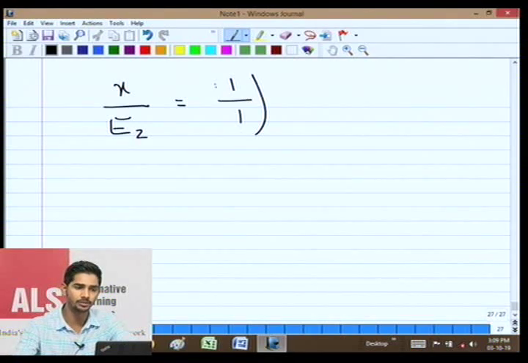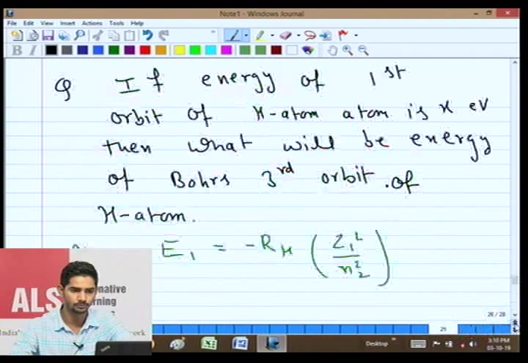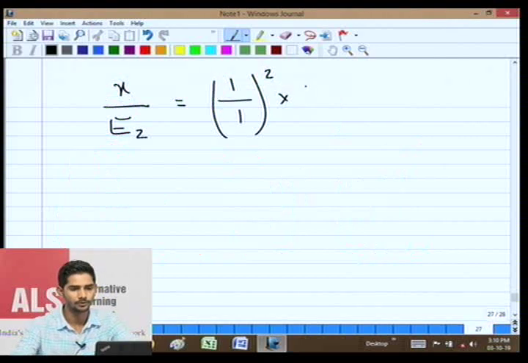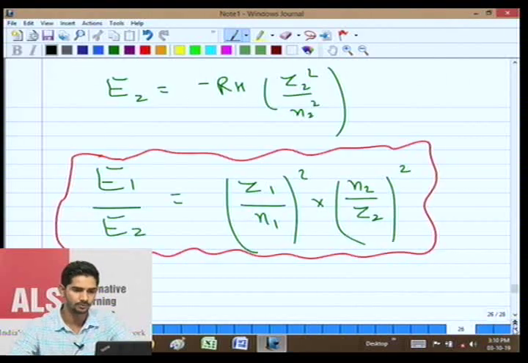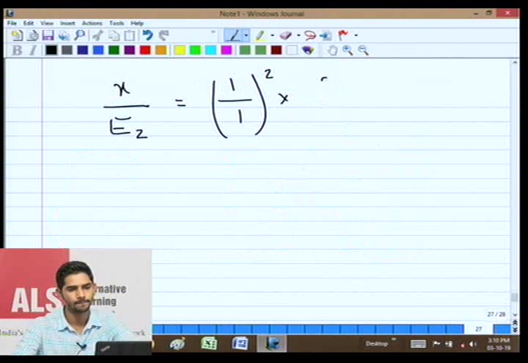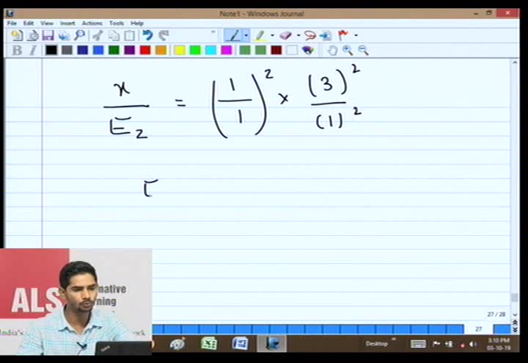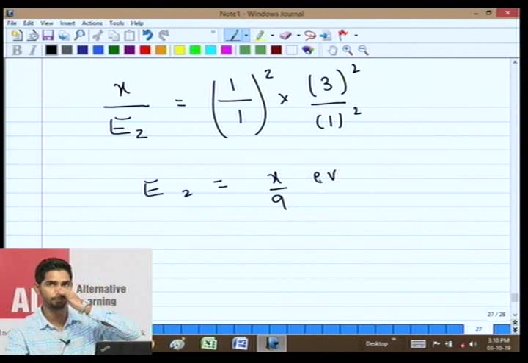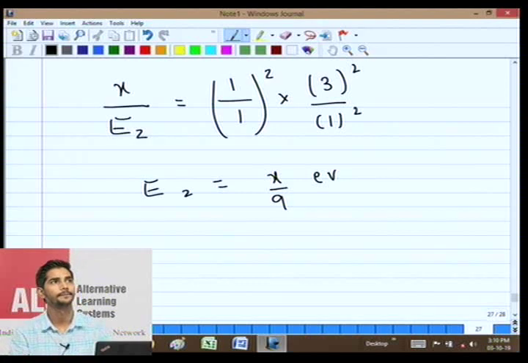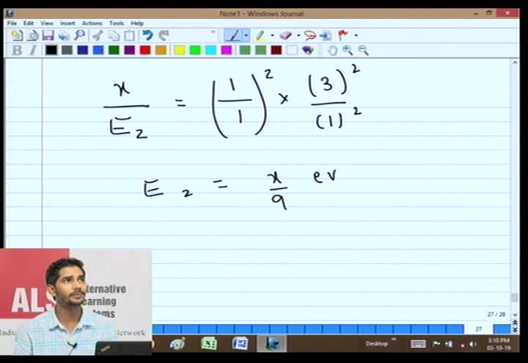That was the first orbit. This is square into, we have been given the third orbit, which is N2 upon Z2. So 3 square upon 1 square. So E2 would actually be equal to X upon 9 electron volts. Is it clear to you? You have to calculate in terms of X. Now X can be anything.